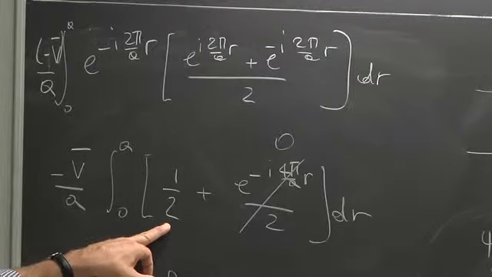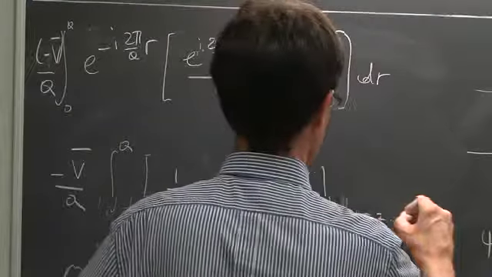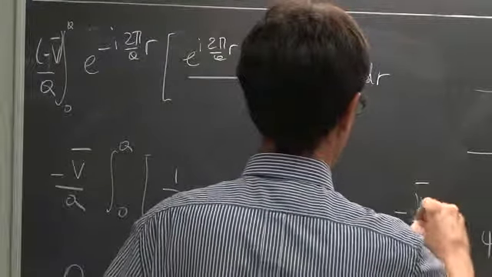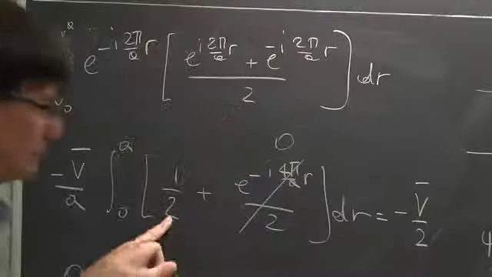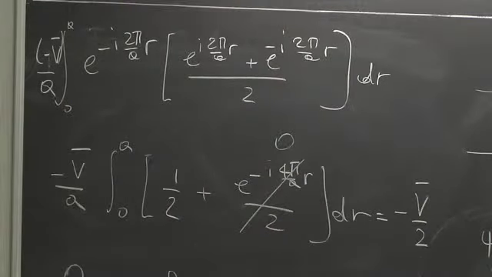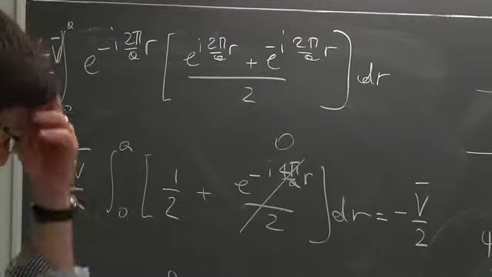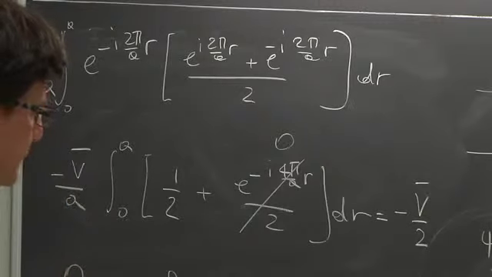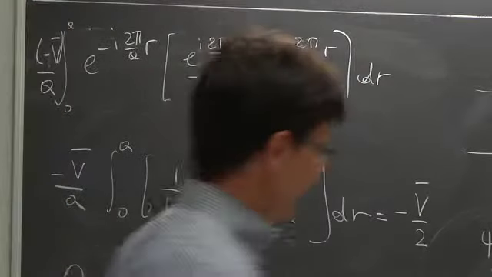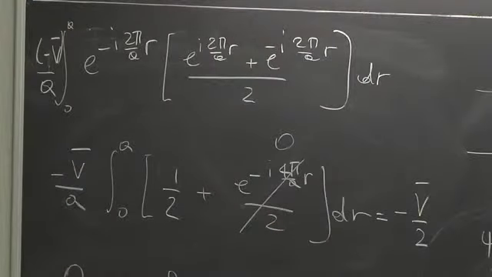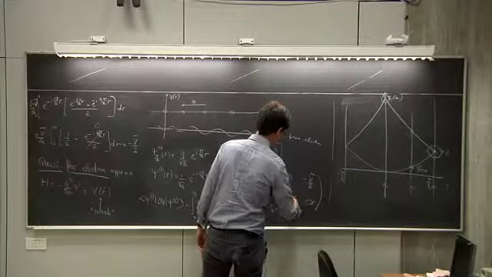It's a constant. Right? So the result of this is minus v bar over 2. Okay, minus v bar over 2, minus v bar over 2.